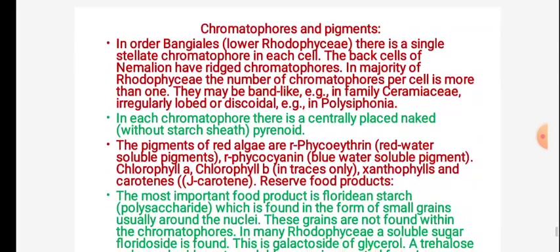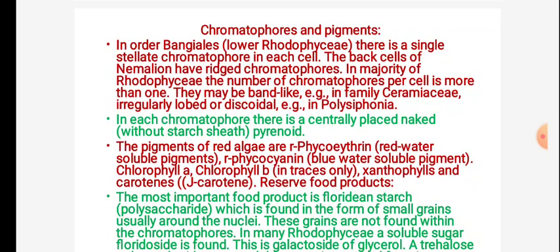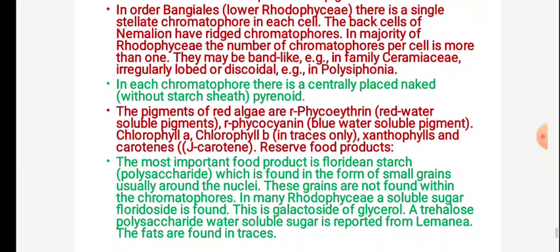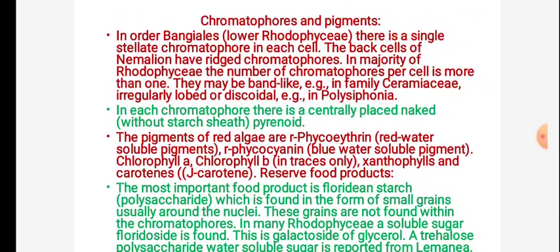Then specifically chromatophores and pigments in the Rhodophyceae, as in Bangiales. So stellate, that is star-shaped chromatophores. Then each chromatophore is centrally placed and naked without starch sheath. Pyrenoid is present.